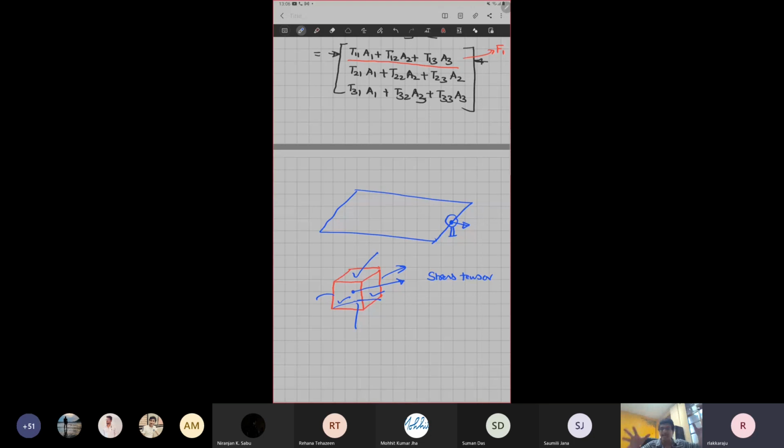If I am going to really project those components T11, A1, T11, A2 and so on, A1 is basically A1 of this area, A2 of this area, A3 of that area. Somehow it manifests on all those kind of stuff.